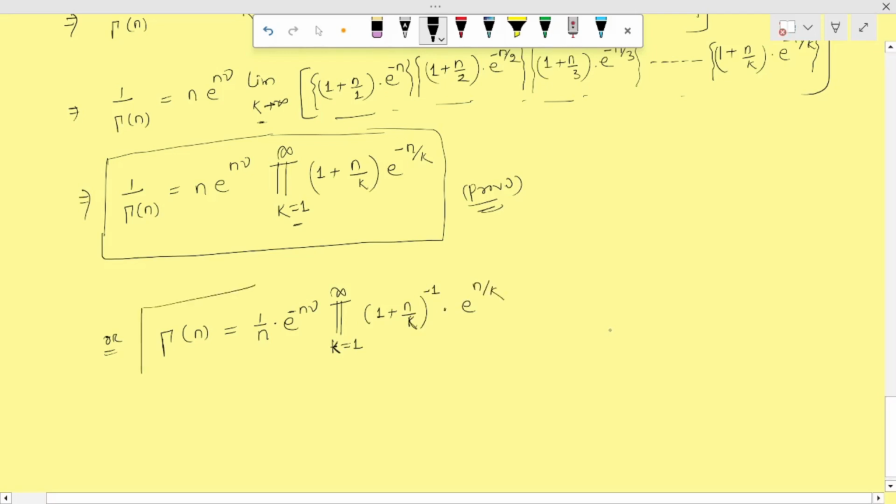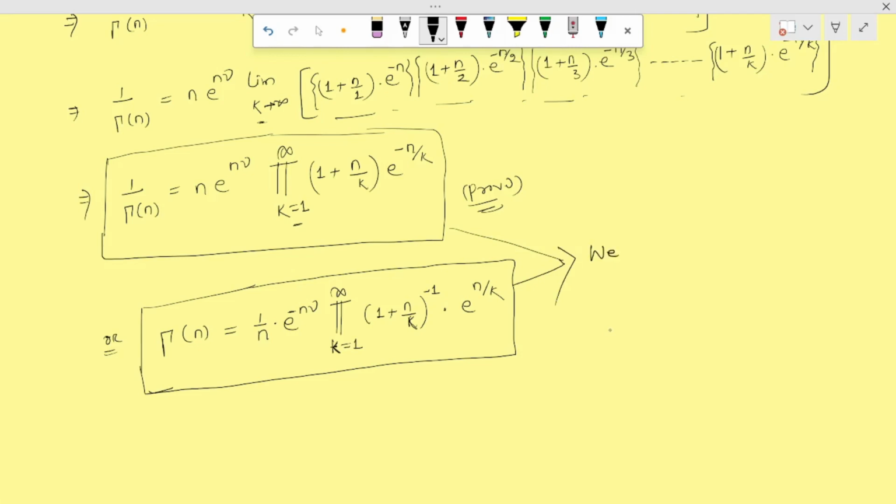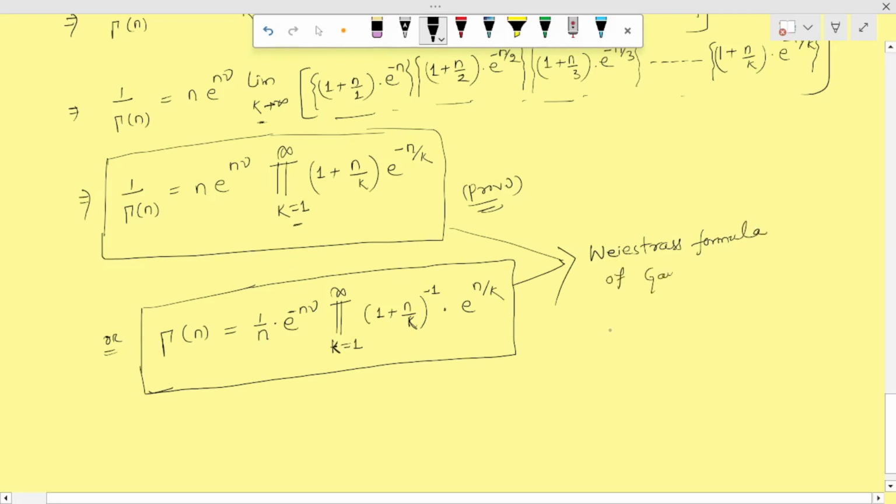Okay. So this is another representation of the gamma function, called the Weierstrass form or Weierstrass formula of the gamma function.